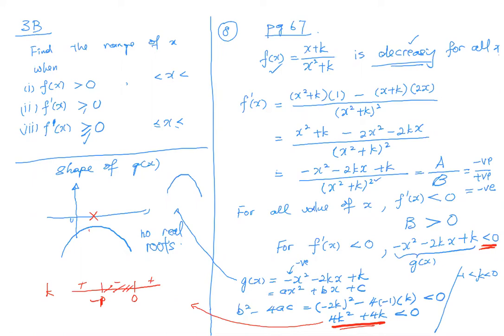So what does the textbook give you? What does the textbook give you as the answer? Did you check? Same, but they put equals to also. Yeah, they put equal to.